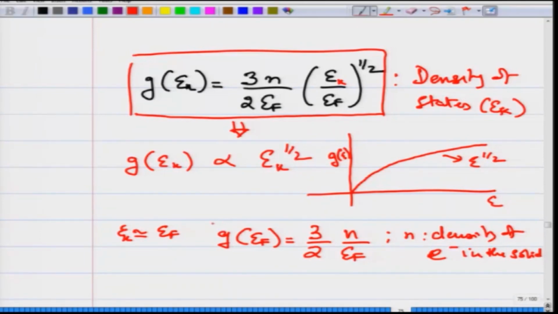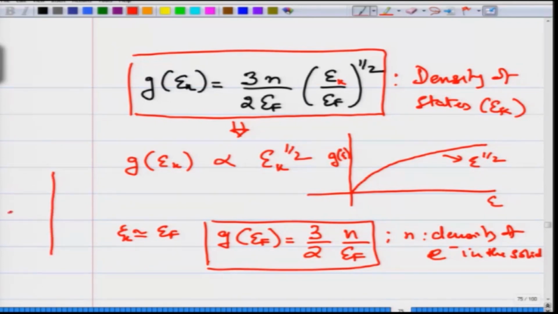So, at the Fermi energy, the density of states is proportional to the number of electrons that you have inside the solid, the density of electrons that you have inside the solid. That determines what is the density of states that you get at the Fermi level.